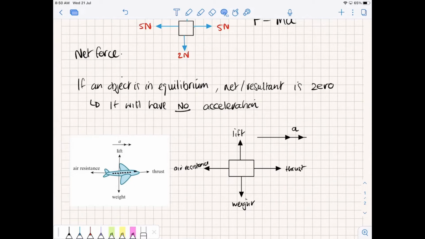Now, the important thing about this direction of acceleration is, unless it's stipulated in the question, I can choose which direction I want to measure the acceleration in. Just remembering that acceleration is a vector. It has direction and magnitude, which means if I measure acceleration in one direction as positive, and I change the direction I want to measure it in, then the same acceleration would just be a negative acceleration.